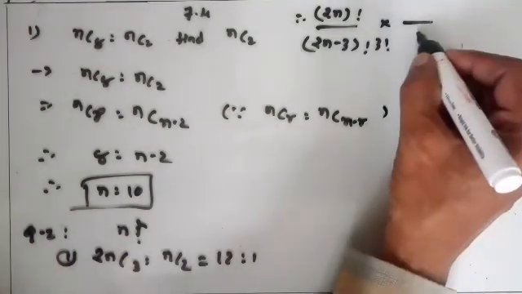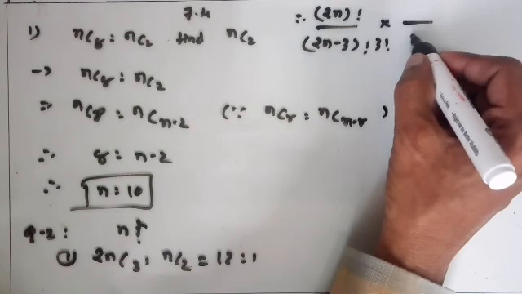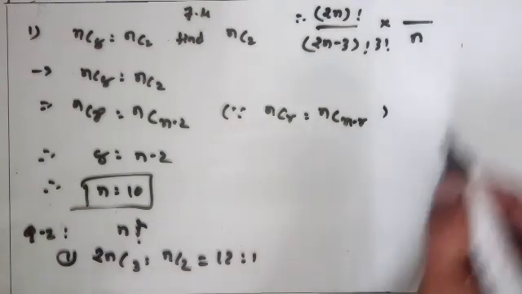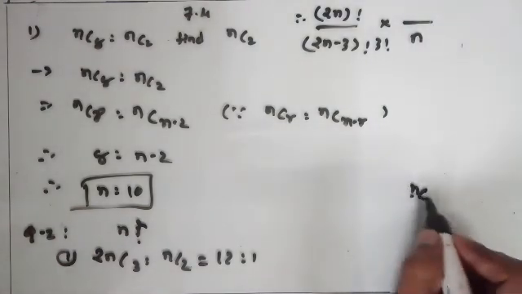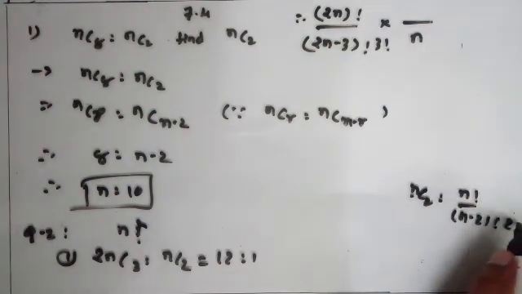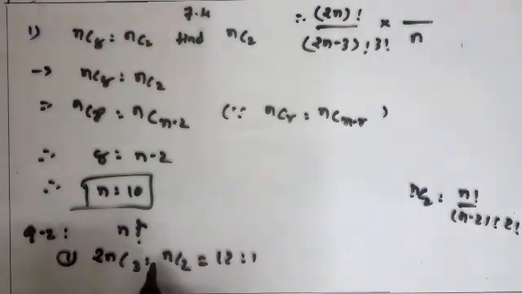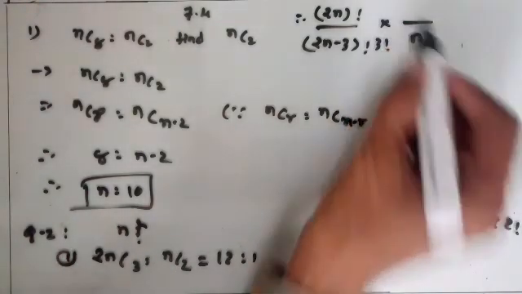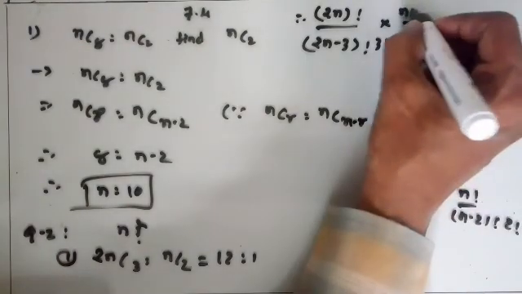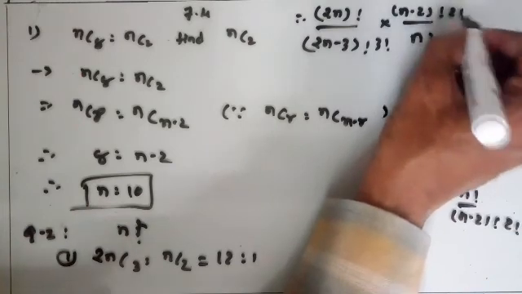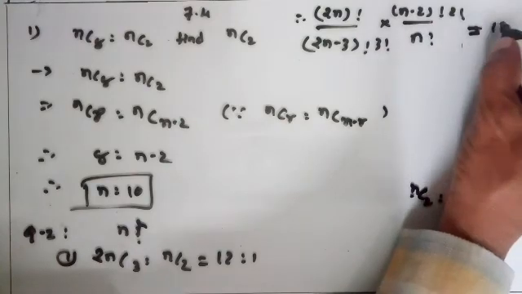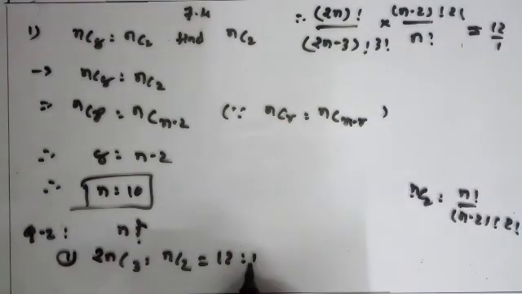For nC2, first write this denominator, taking the reciprocal of the formula of nC2. You know that nC2 is equal to n factorial upon (n minus 2) factorial into 2 factorial, and we change this division into multiplication. Then we take the reciprocal of this, that is 2 factorial into (n minus 2) factorial upon n factorial, equal to 12 upon 1.